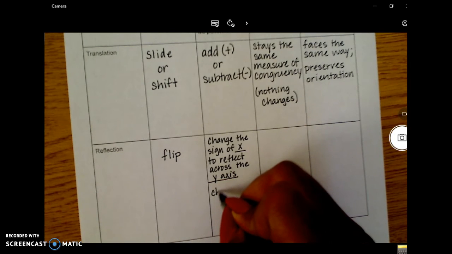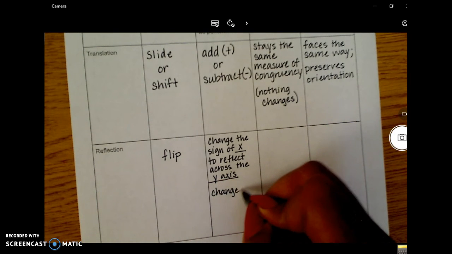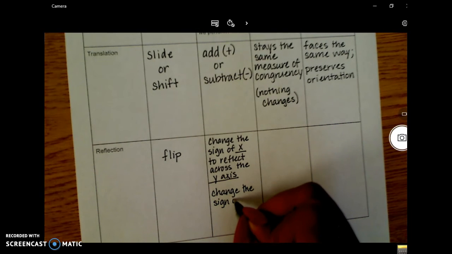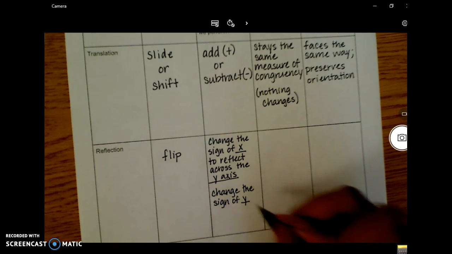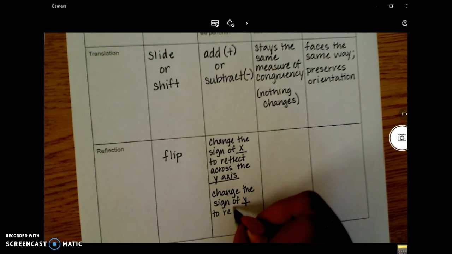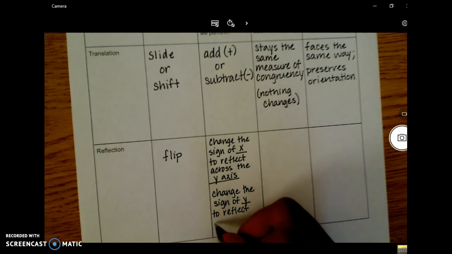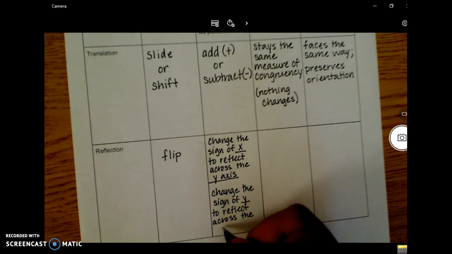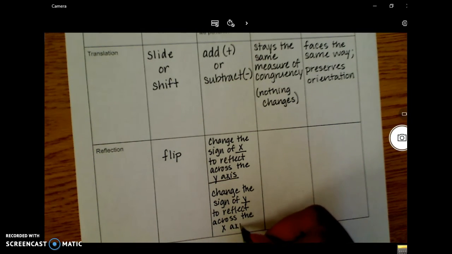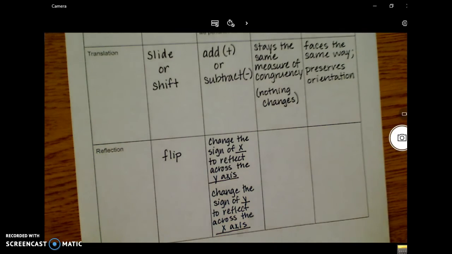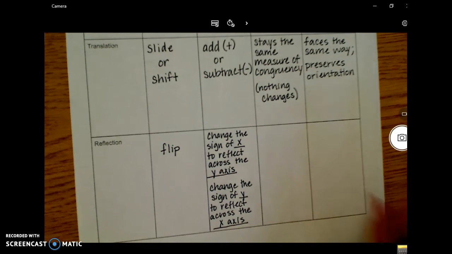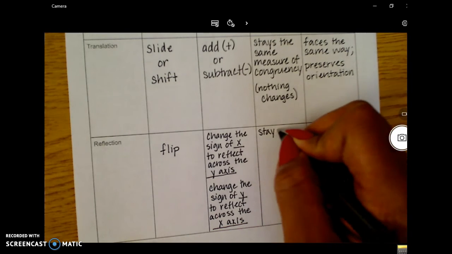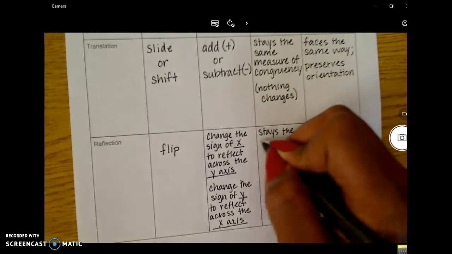And conversely, you change the sign of y to reflect across the x-axis. What happens to the size? Again, it stays the same measure of congruency.